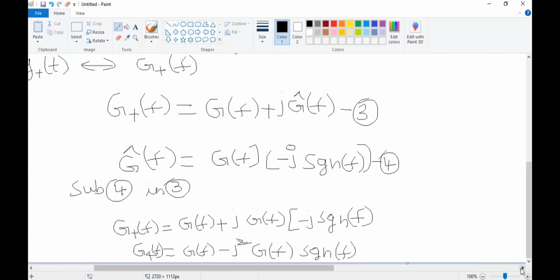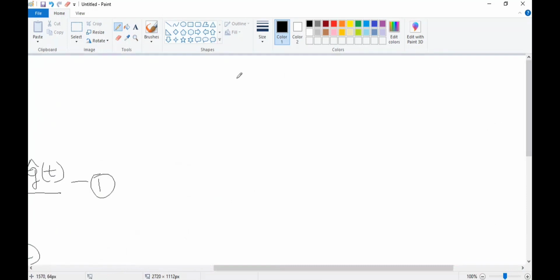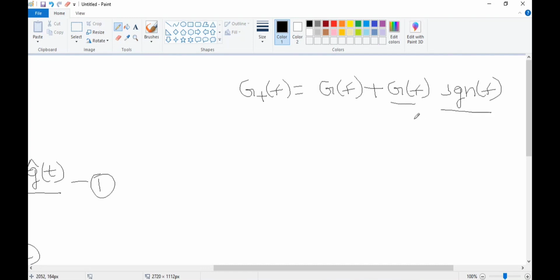So my next equation changes to G plus of f is equal to G of f minus j into j, which is nothing but minus j square. Minus j square is nothing but plus 1. So G of f plus G of f into signum of f. Okay, and here if you observe, G of f is getting multiplied with signum of f.